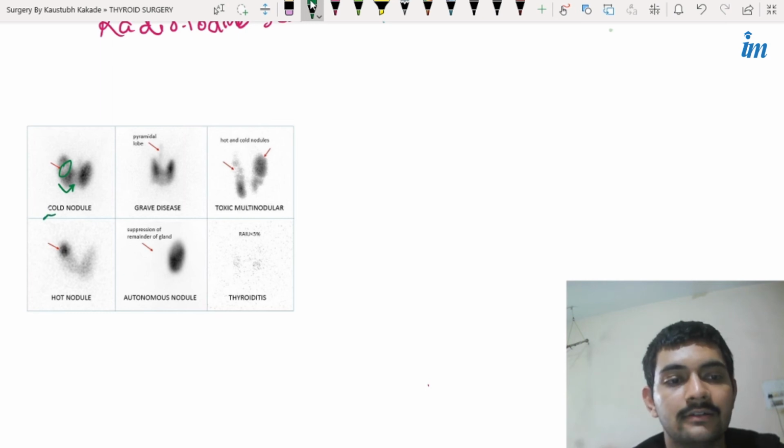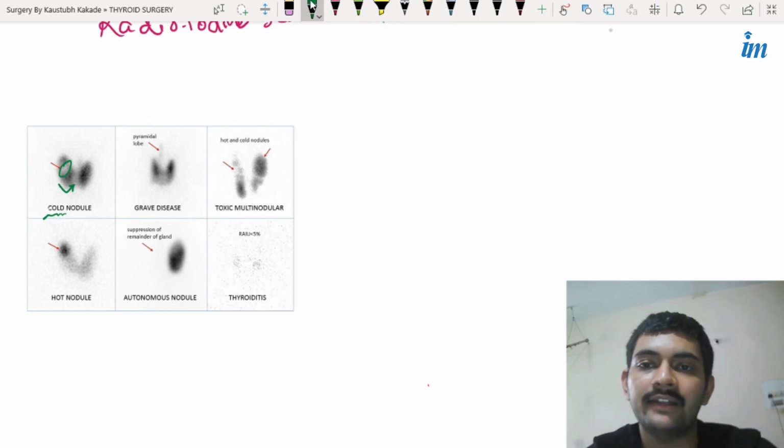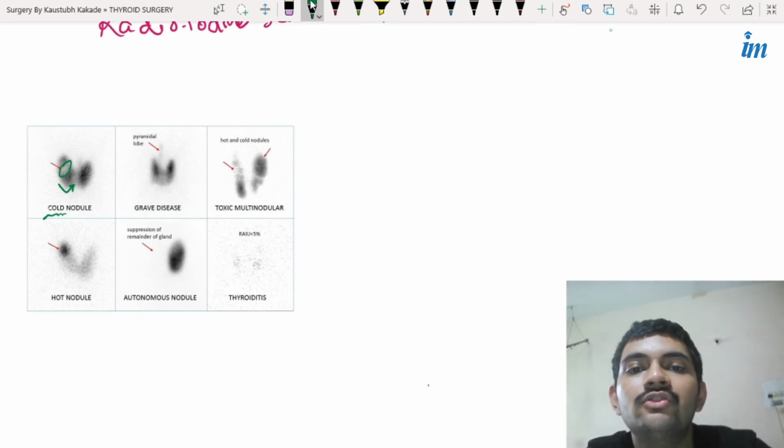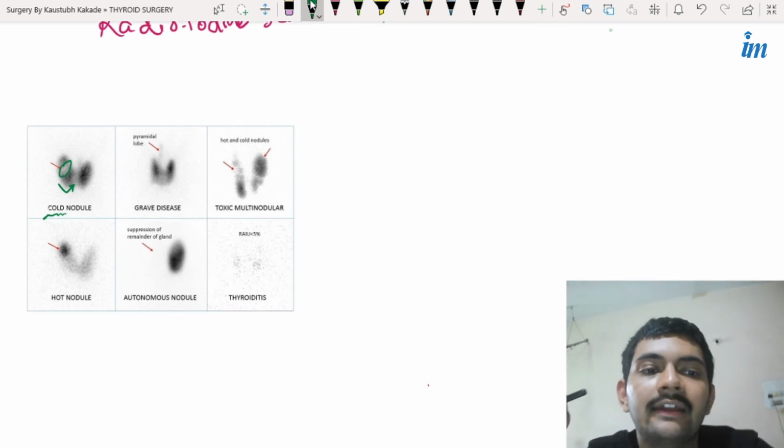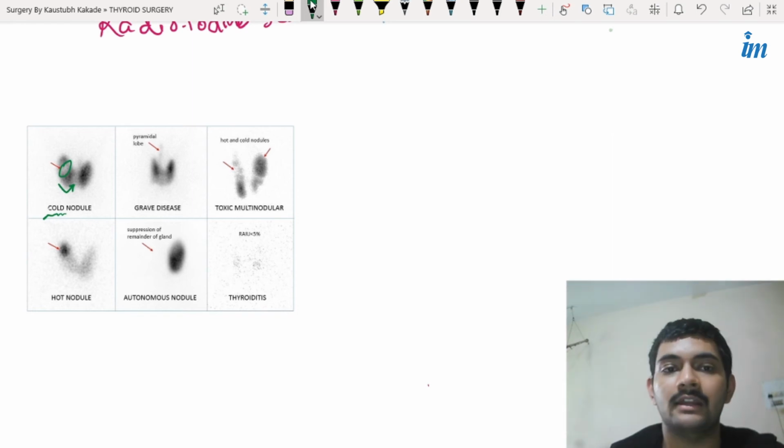This is called a cold nodule. Now tell me, if a nodule is cold, it is not taking dye, but still the patient is hyperthyroid. That means again some malfunctioning is taking place.